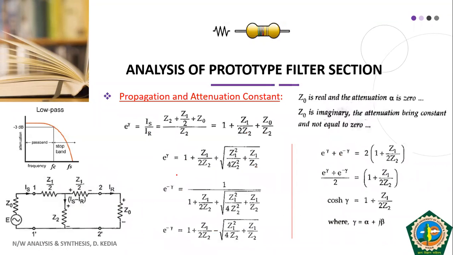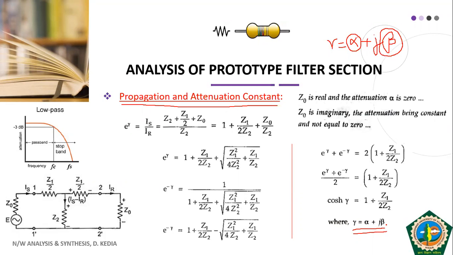Next step after design impedance is the determination of propagation and attenuation constant. Okay, so your propagation constant is represented by gamma, and gamma is equal to alpha plus j beta, where alpha is known as attenuation constant and beta is known as phase shift constant. Gamma is propagation constant, alpha is attenuation constant, and beta is your phase shift constant.